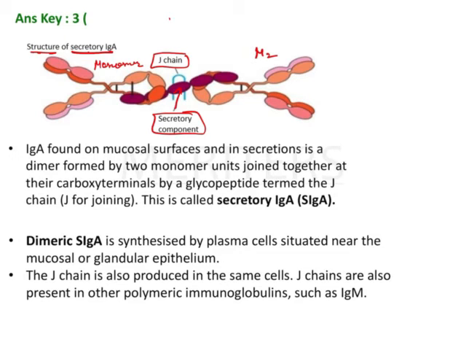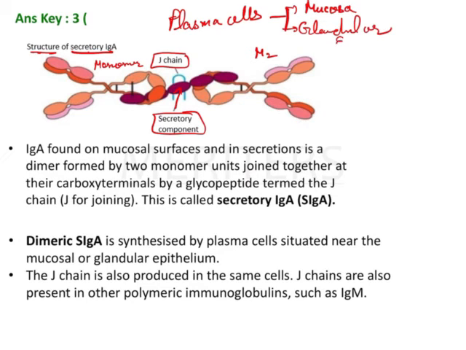Now this particular immunoglobulin is synthesized by plasma cells. Where are these plasma cells situated? These are situated in the mucosa or the glandular epithelium. So this dimeric immunoglobulin A is generally formed by the plasma cells.